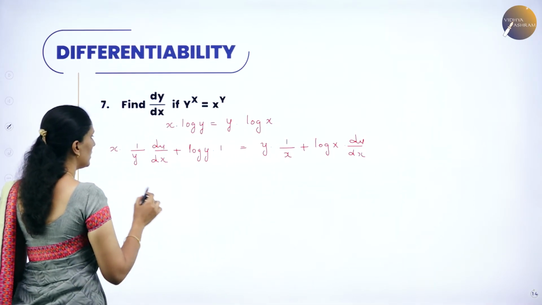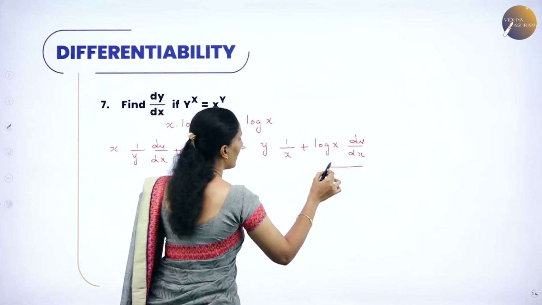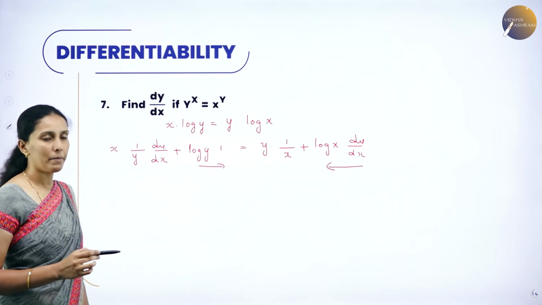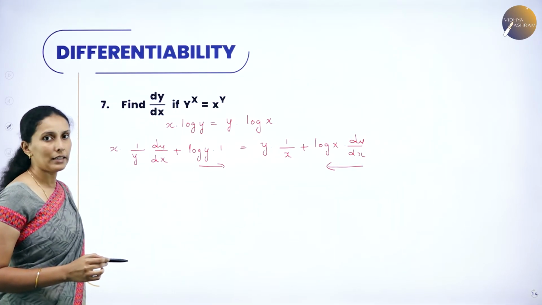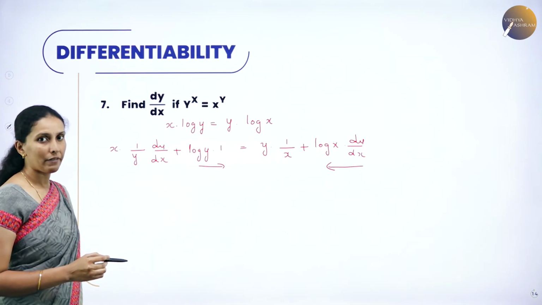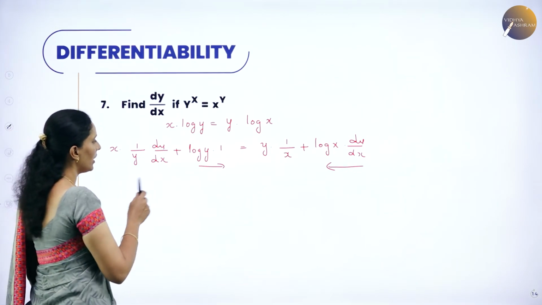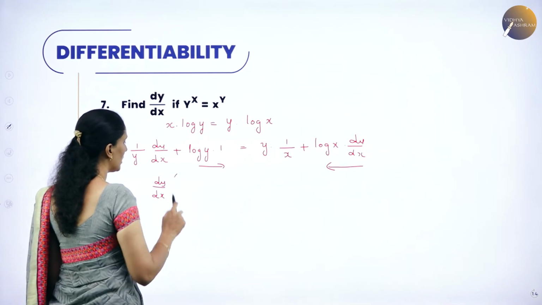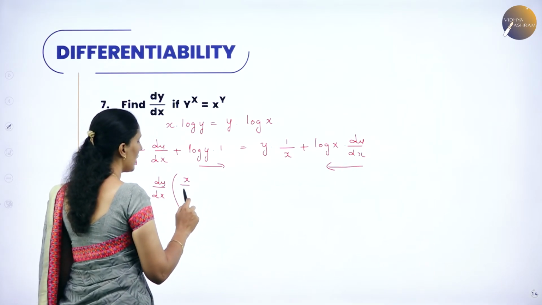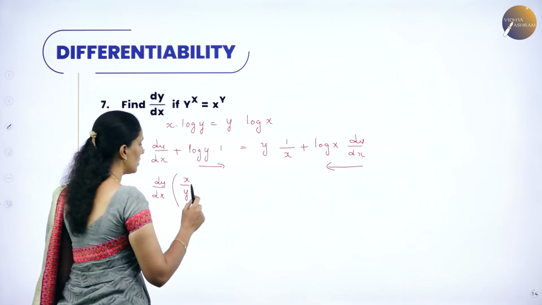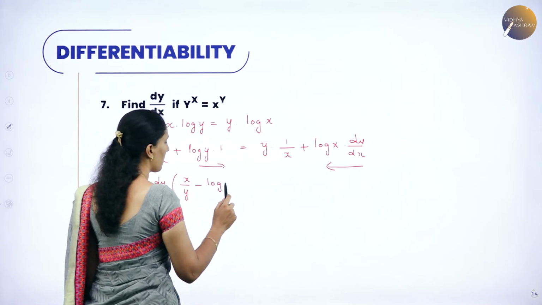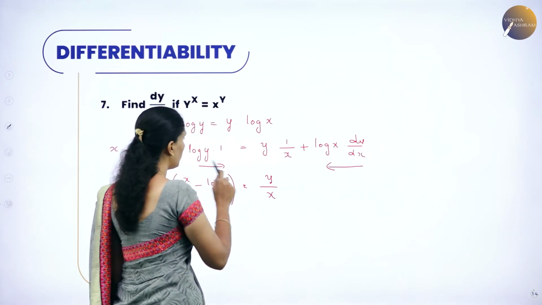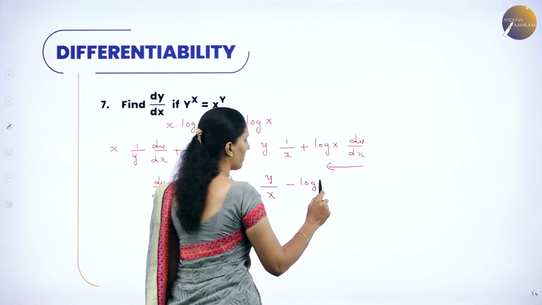Now move the terms containing dy by dx towards the left hand side and the terms which do not contain dy by dx towards the right side. So when you take dy by dx as a common factor, here it is x by y minus log x, and here we have y by x, when you shift it, minus log y.